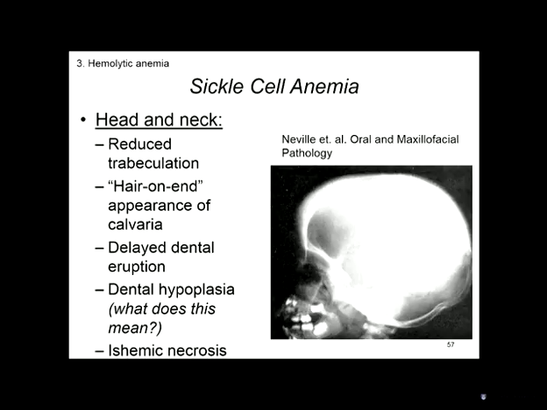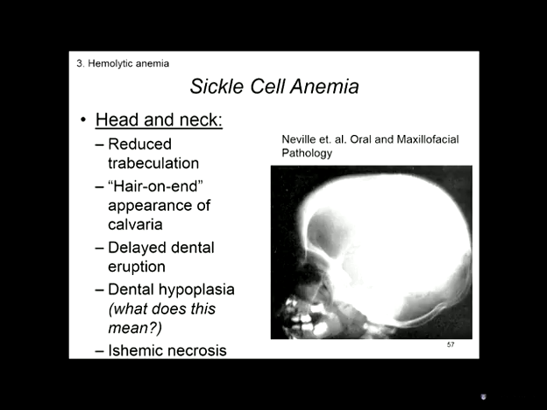They tend to stack and form kind of like a coin stack, and they stick to each other. And when they do that, they block small vessels, which means anything downstream doesn't get blood supply. And it stays there long enough so that it causes necrosis of the tissue downstream of the plug, okay?